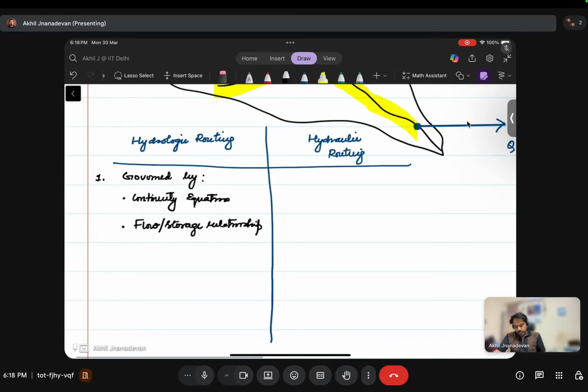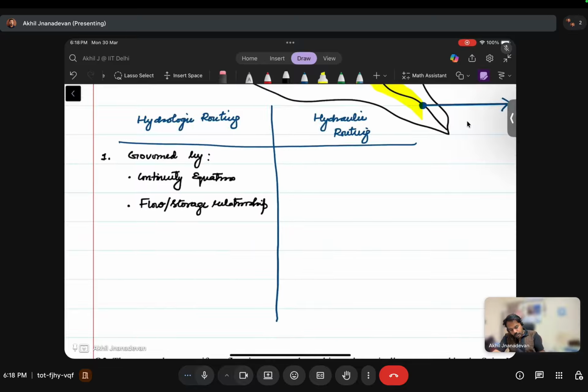Okay, and in the case of hydraulic routing, it is governed by the continuity equation and the momentum equation. So this is a standard thing, right?